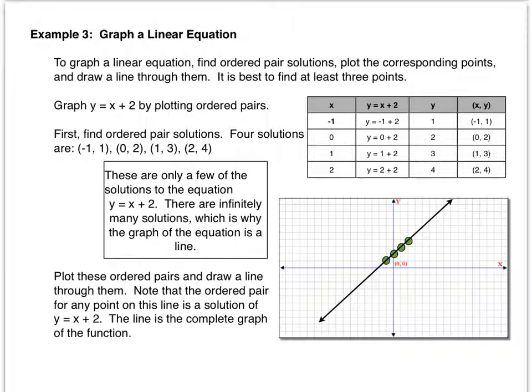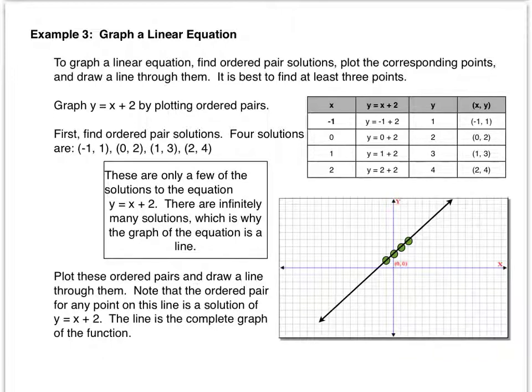So we're going to graph y equals x plus 2 by plotting ordered pairs. We found our x values, substituted in, got our y's, and then we found negative 1, 1; 0, 2; 1, 3; and 2, 4. Now we recently reviewed sections 1.6 and 2.6 on how to plot these ordered pairs on a coordinate plane, so you should be able to do that on your own.